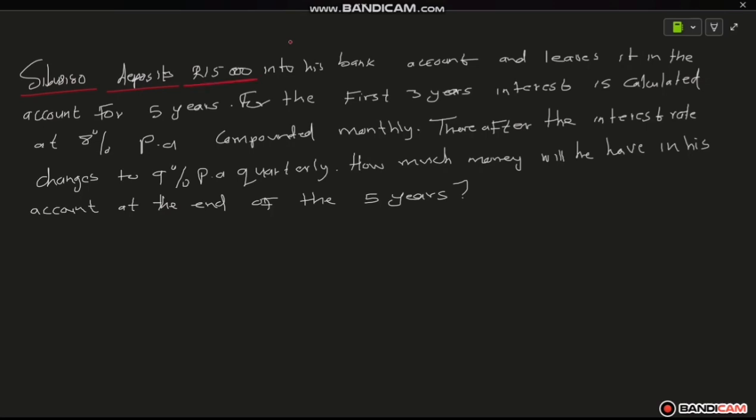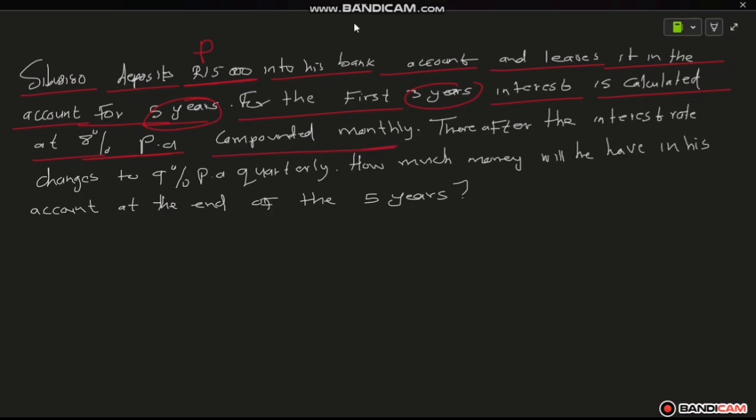So Sibusiso deposits 15,000, so the 15,000 is the value of P, into his bank account and leaves it in the account for 5 years. So this 5 years is the total number of years, but for the first 3 years, meaning we'll be left with 2 years, interest is calculated at 8% per annum, compounded monthly.